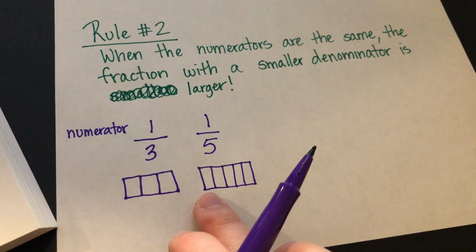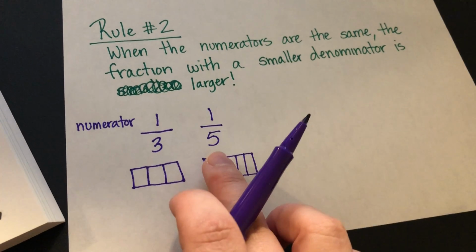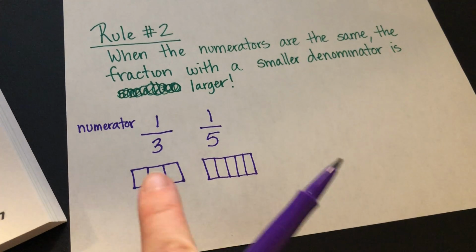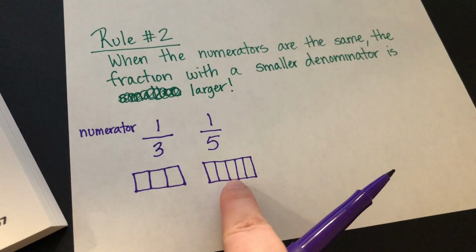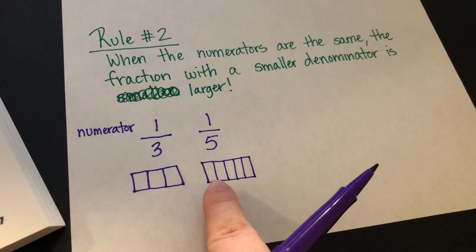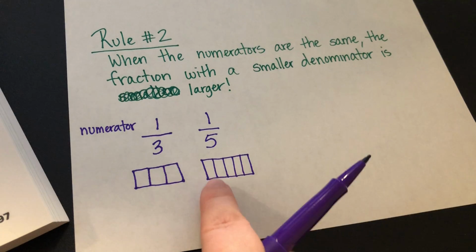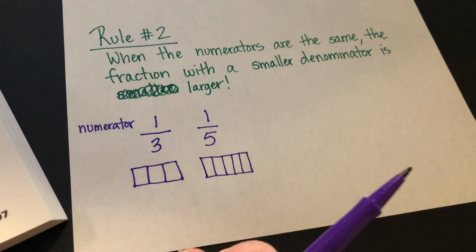And if we notice, we talked about this in class, but I know it's been a while. These pieces are a lot smaller. So remember when I was like, would you rather have 1/5 of a brownie or 1/3 of a brownie? And a lot of you said, I'd rather have 1/3 because I only have to share it with 3 people. I get a bigger piece. If I have to share with 5 people, I only get 1/5 of it. And so that's a smaller piece because the more pieces that we break, the smaller the pieces get.